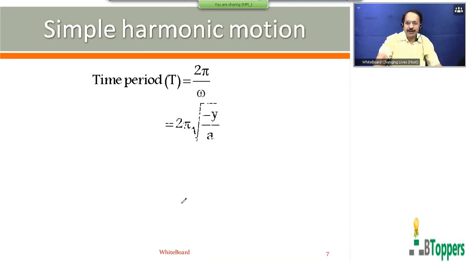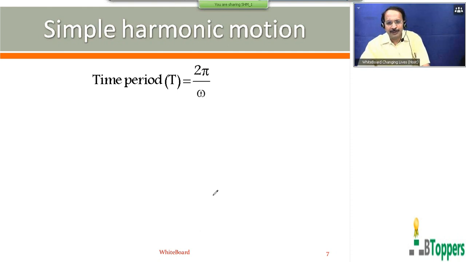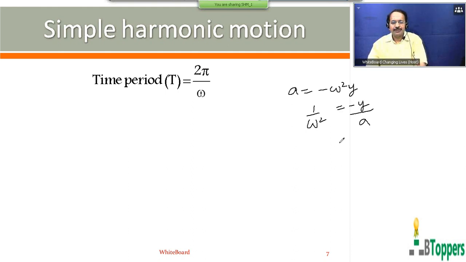Time period T equal to 2 pi by omega, which you can also write in terms of displacement and acceleration. The ratio of displacement to acceleration I have written as minus 1 by omega square, that is y by a equal to minus 1 by omega square. From this we can write 1 by omega square equal to minus y by a.